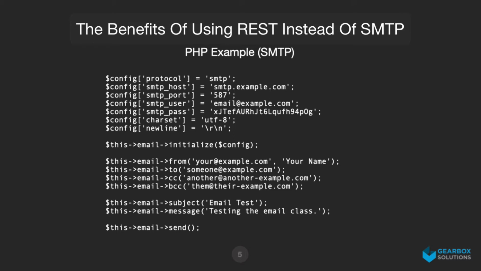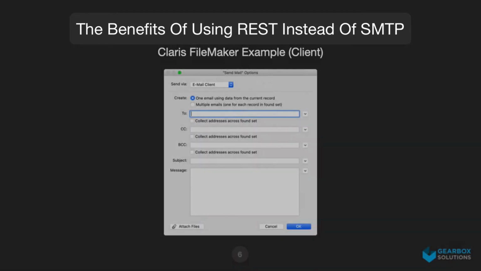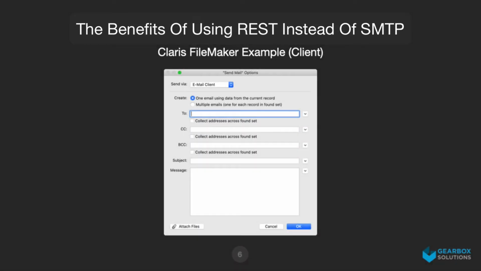Moving from maybe a web-based solution with Claris FileMaker, you may see a dialog like this, where you can send via email client, and then you can either type in some fields, or you can of course use the calculation engine within FileMaker.